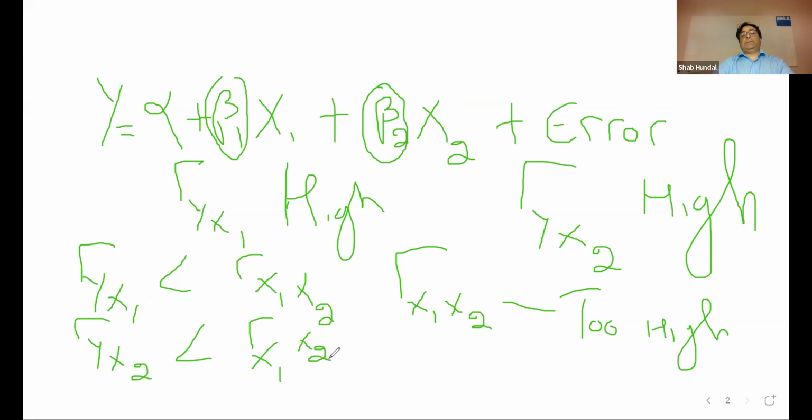If this is the case, there is a possibility of multicollinearity. Multicollinearity means that the correlation between the independent variables is so high that they are so self-absorbed that they are not able to show their true impact on the dependent variable.